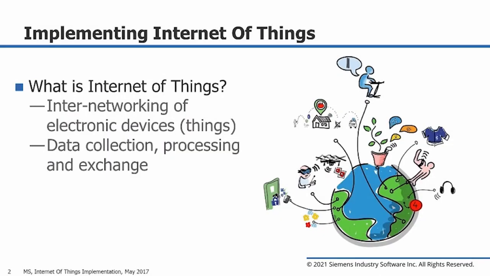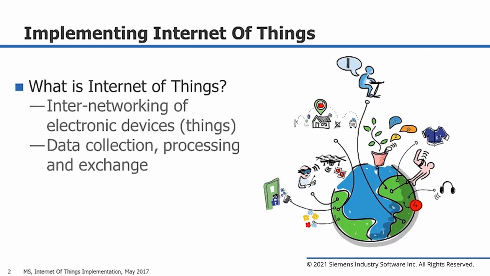I'll start with the assumption that you're familiar with the term Internet of Things and how it impacts us and everybody around us. So I'll not spend much time on discussing what IoT is. Instead, this webinar is to go a little deep and discuss IoT implementation aspects. From an implementation point of view, IoT can be defined as internetworking of a broad range of electronic devices that generate data.